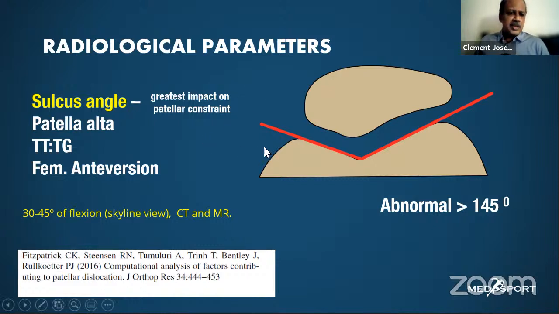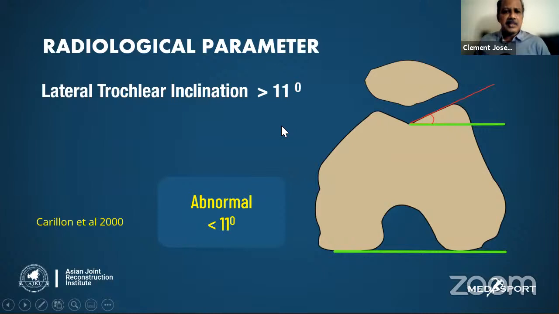The radiological parameters: the sulcus angle, which is the angle between the medial and the lateral face of the trochlea, is abnormal if it's more than 145 degrees. That indicates that trochleoplasty may be needed in these patients. And another parameter to assess the lateral trochlear support would be the lateral trochlear inclination, which is the angle between the lateral facet of the trochlea and the posterior condylar line.